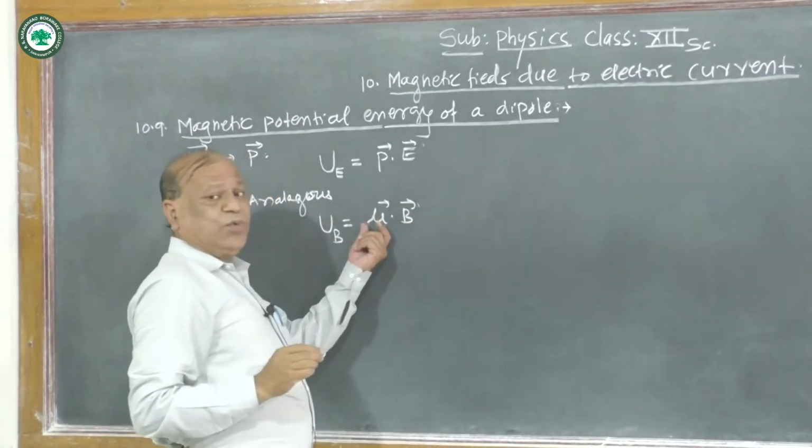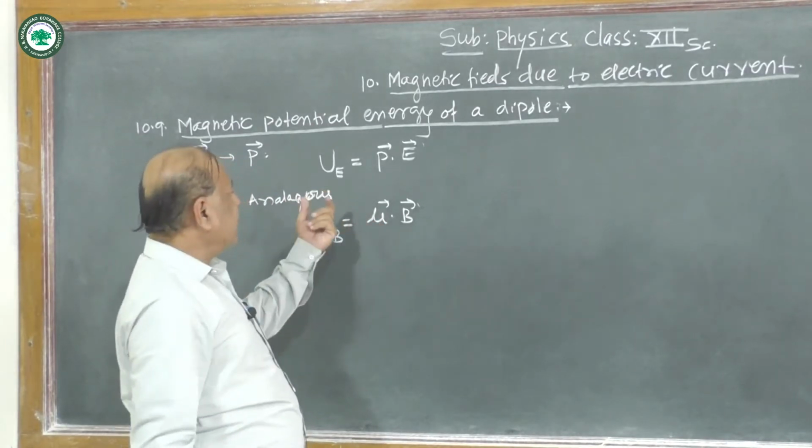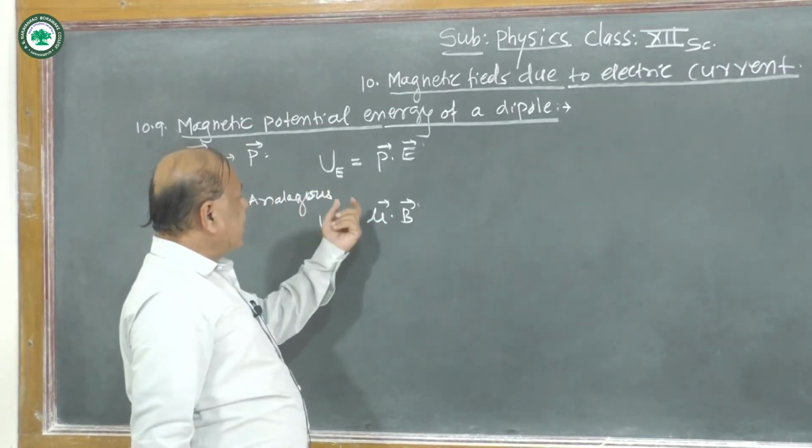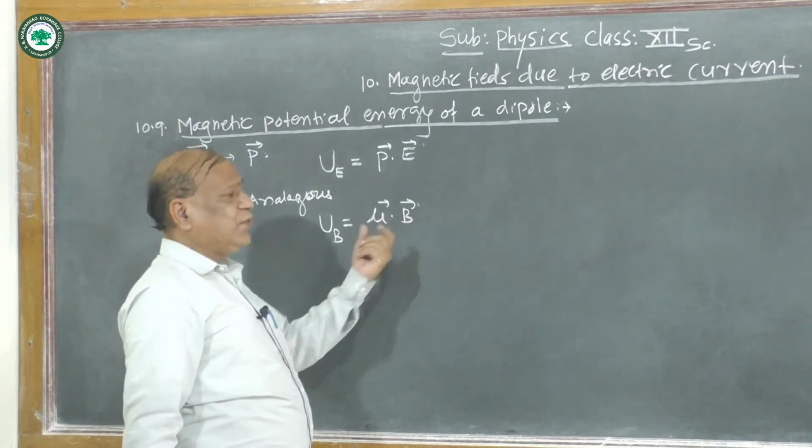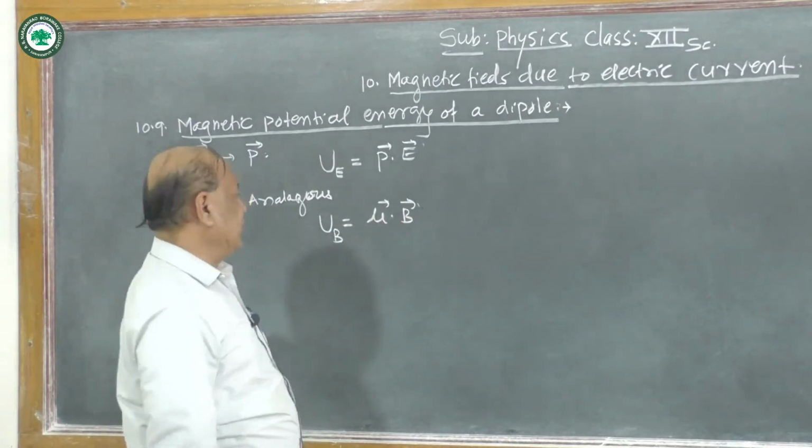Here mu is the magnetic dipole moment and B is the magnetic field.